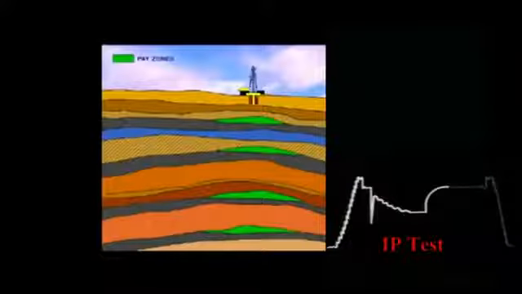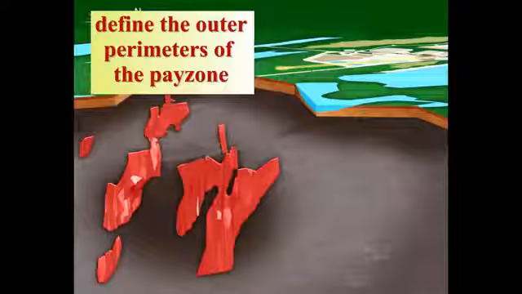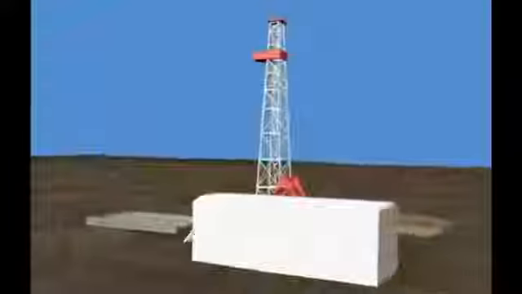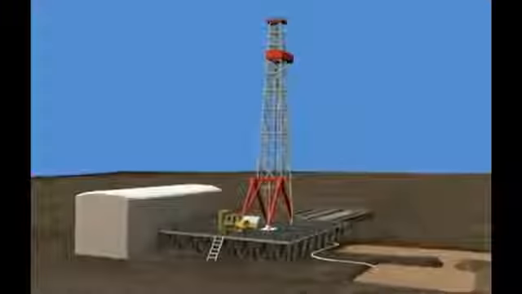After the IP test, for either onshore or offshore wildcat wells, the exploration team endeavors to define the outer perimeters of the pay zone. In most cases, equipment used to drill the wildcat well will be used in the initial stages of field appraisal.